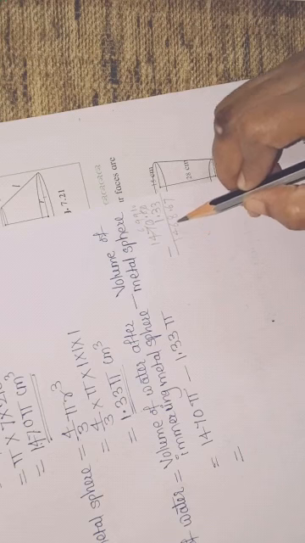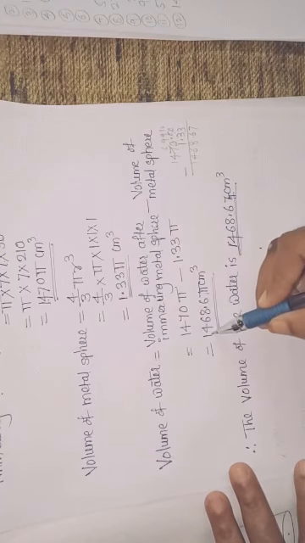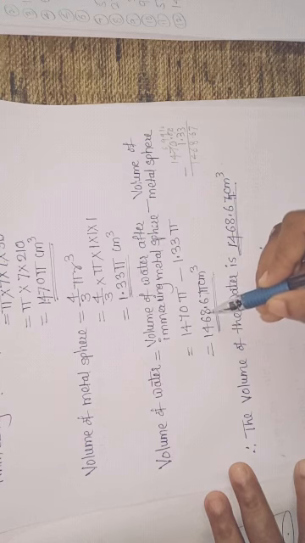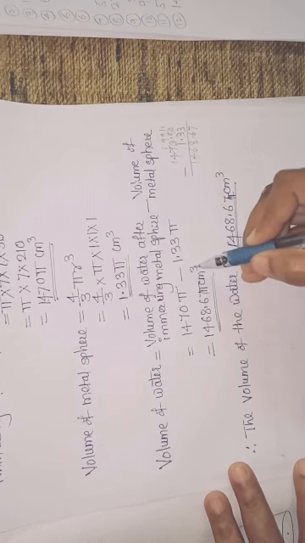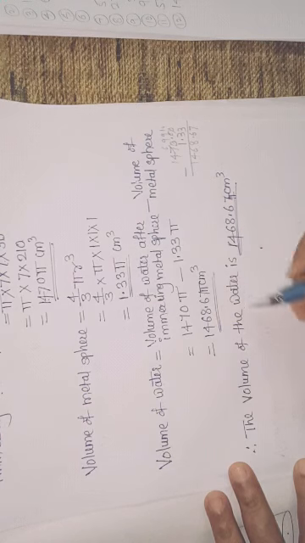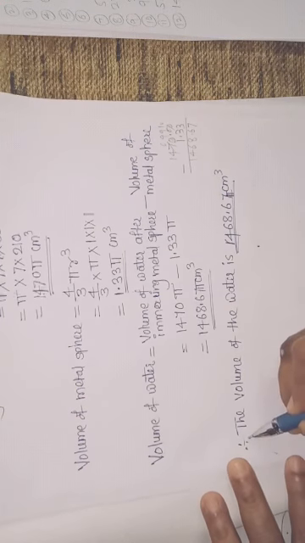So 1468.67. The volume of the water is 1468.67 pi centimeter cube. This pi we have to take here and then write the answer.